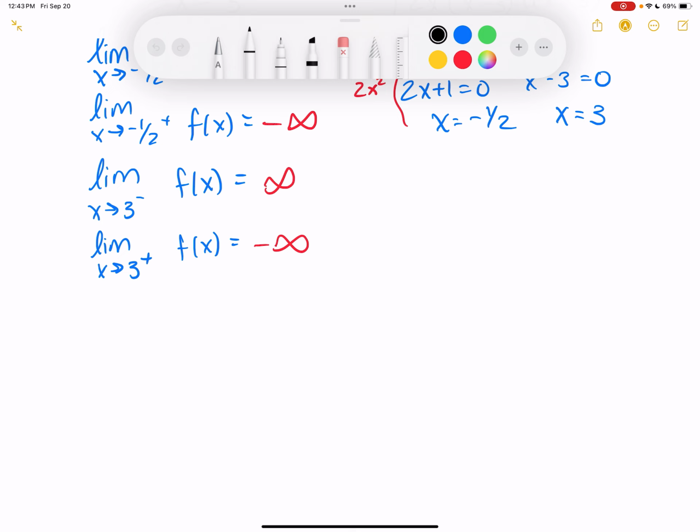So if I can write, f of x equals negative 4x cubed plus x squared minus 2x minus 1.